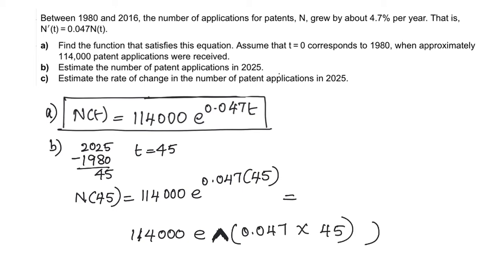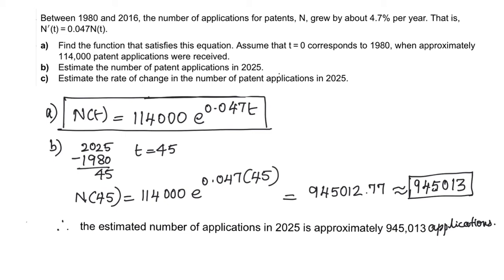That whole thing should be in the exponent, so use parentheses around that. I can round the value to a whole number, and this is my final answer. Therefore, we can conclude that the estimated number of applications in 2025 is approximately 945,013 applications.